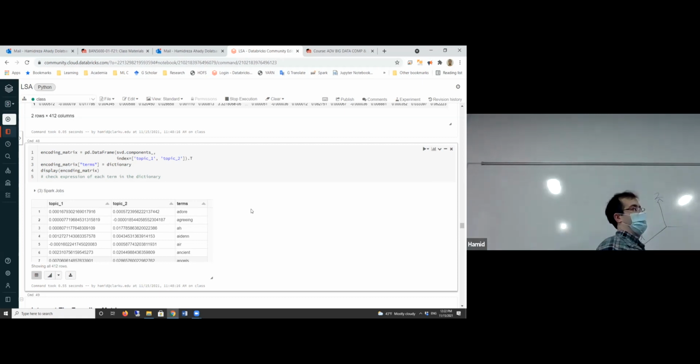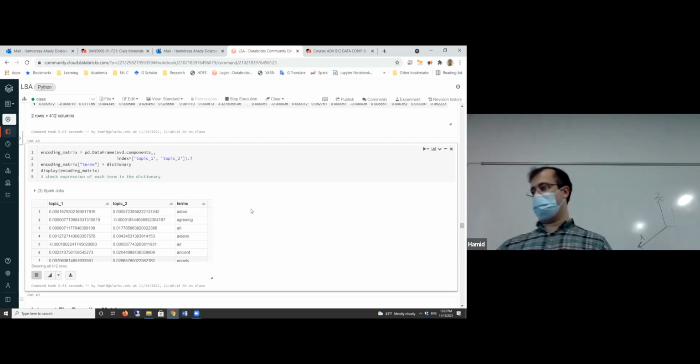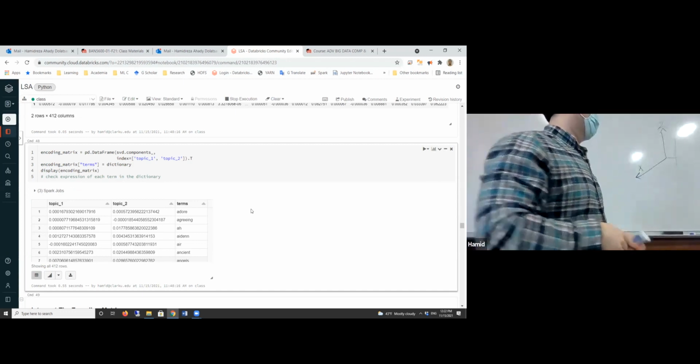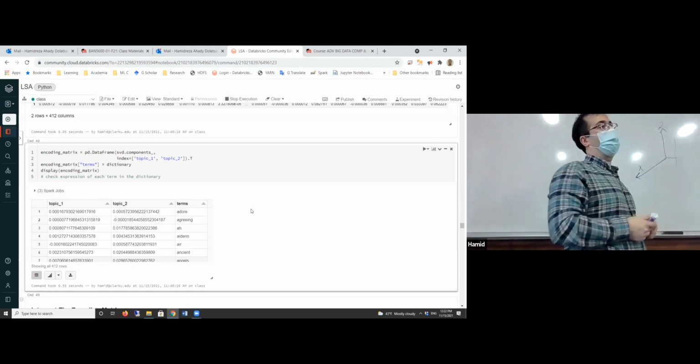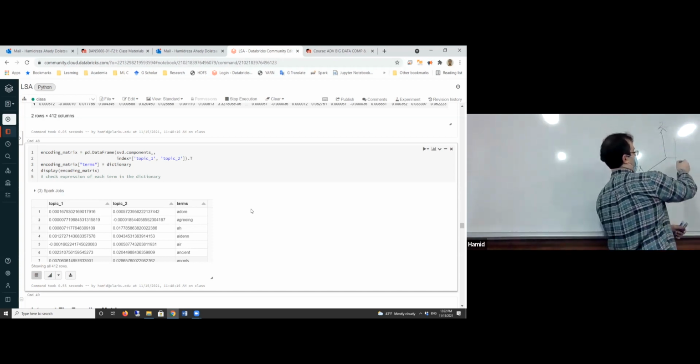So, look at this example. Just assume there is an imaginary line and all of my points are on this imaginary line.